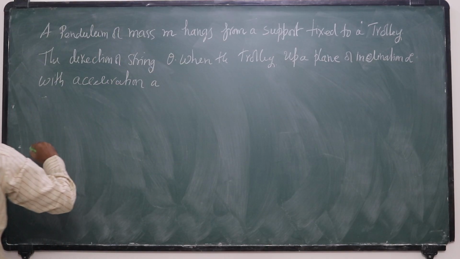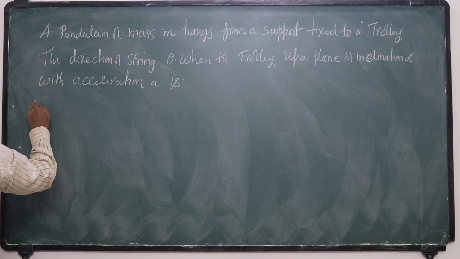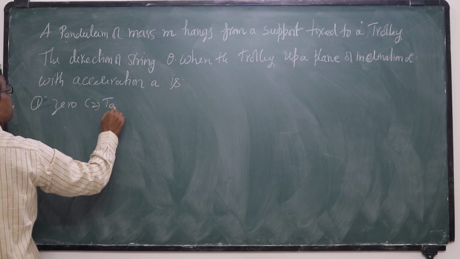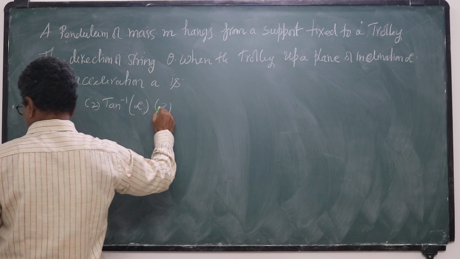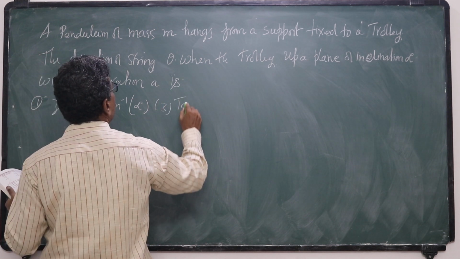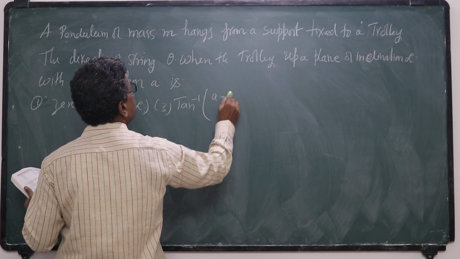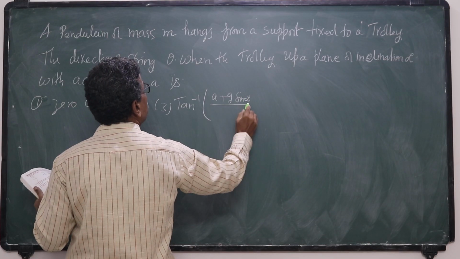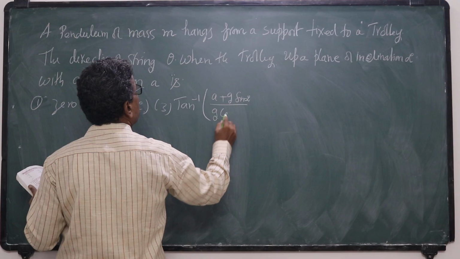Okay, is: first option 0, second option tan inverse alpha, third one tan inverse (a plus g sin alpha) by g cos alpha.